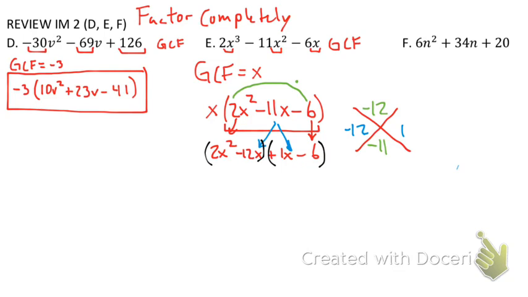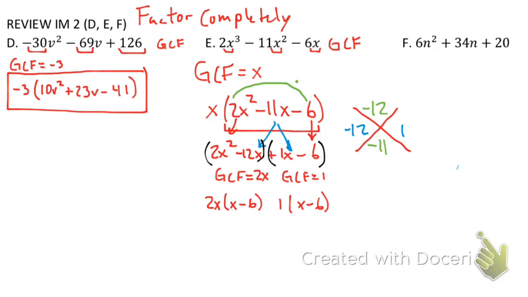So my GCF here is going to be 2x. If you divide 2x out, you get x minus 6. My GCF for the second group is just going to be simply 1. You divide that out, you get 1 parentheses x minus 6.